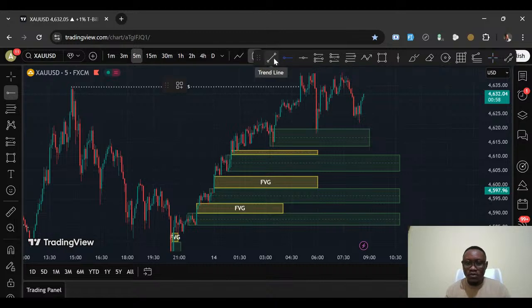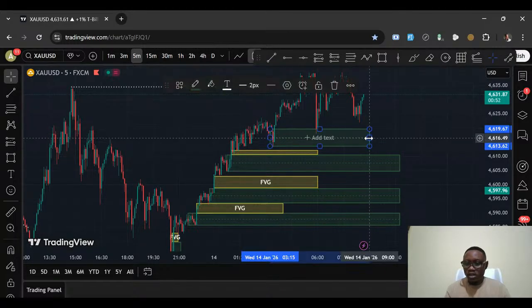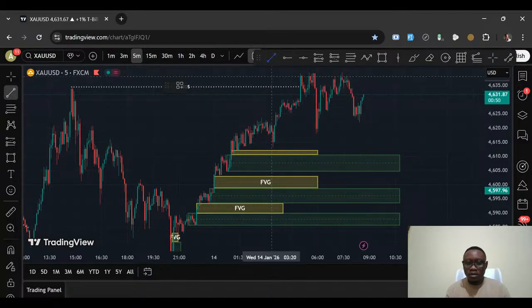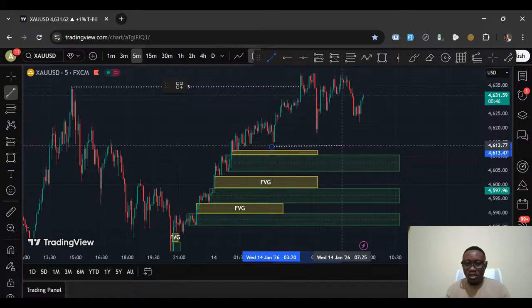I see price using this level as a liquidity zone, or liquidity area.